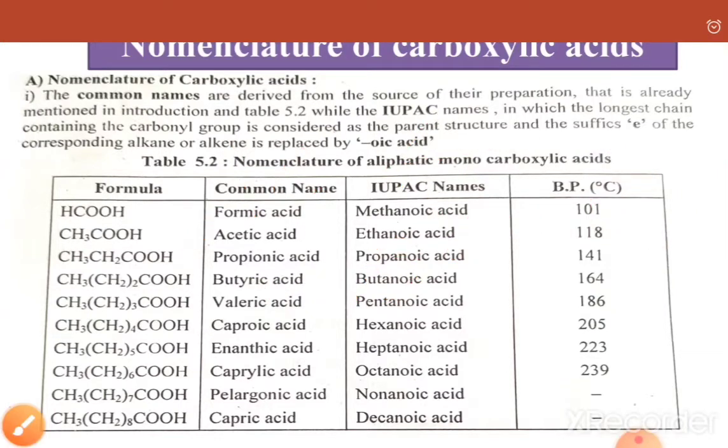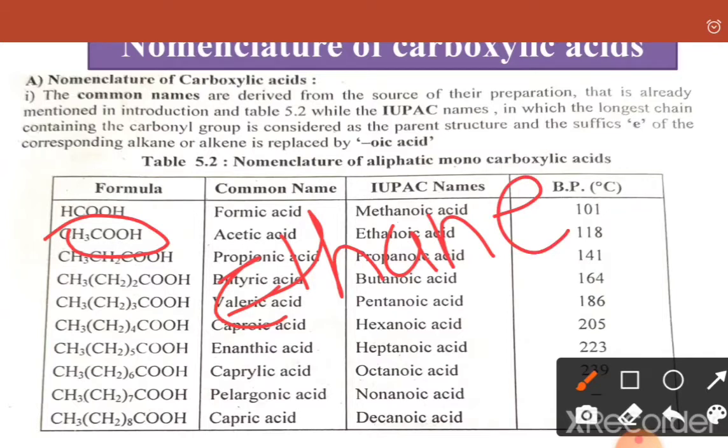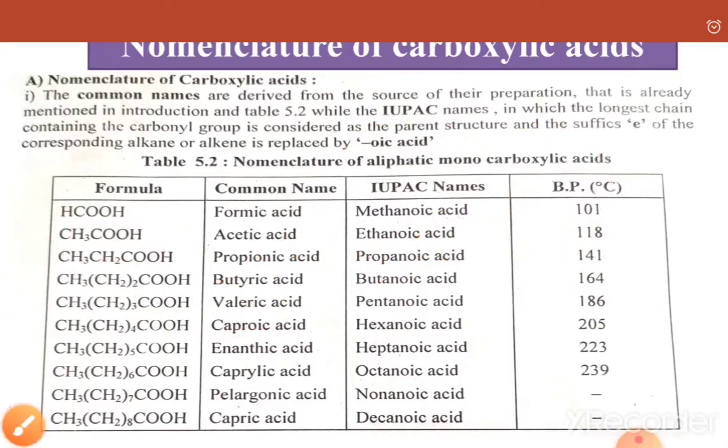In the second case, the common name is acetic acid and the IUPAC name is ethanoic acid. Why ethanoic acid? Because there are two carbons, so we call it ethane, and this E is replaced by OIC, so it is called ethanoic acid.